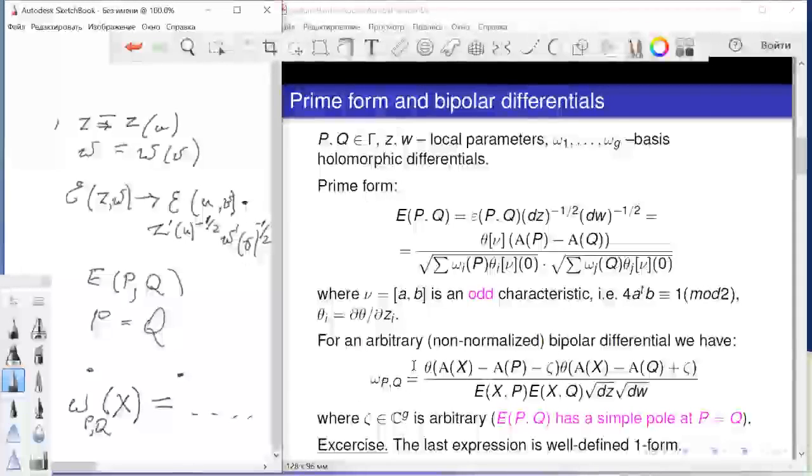First of all, that this expression is well defined. I mean, it's invariant under shifts by the lattice of periods.